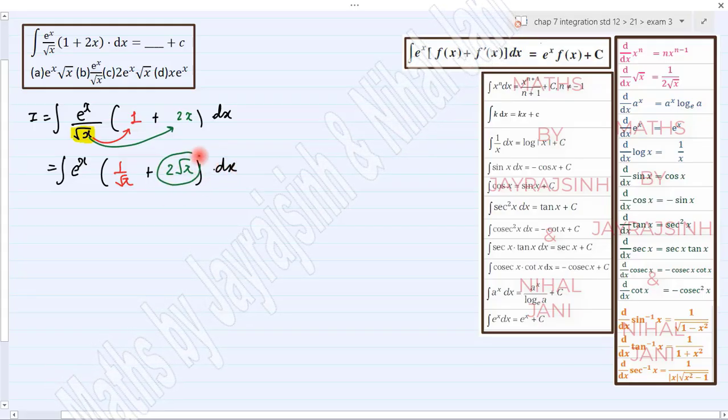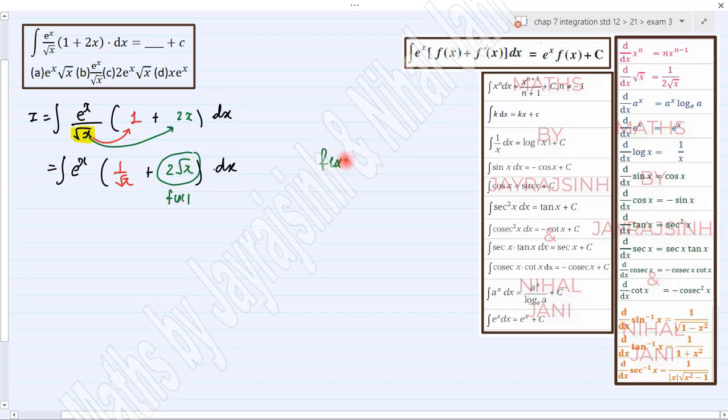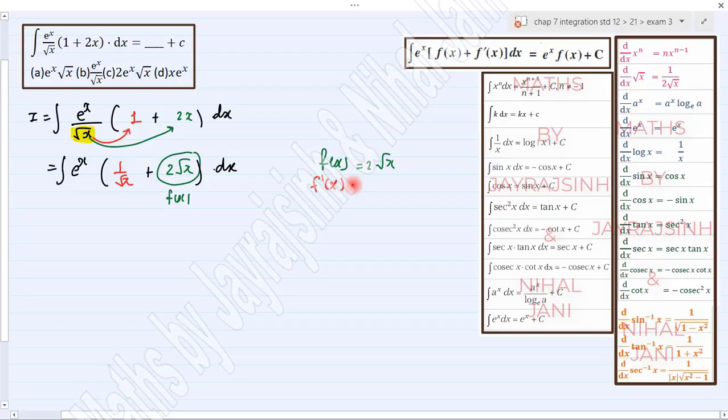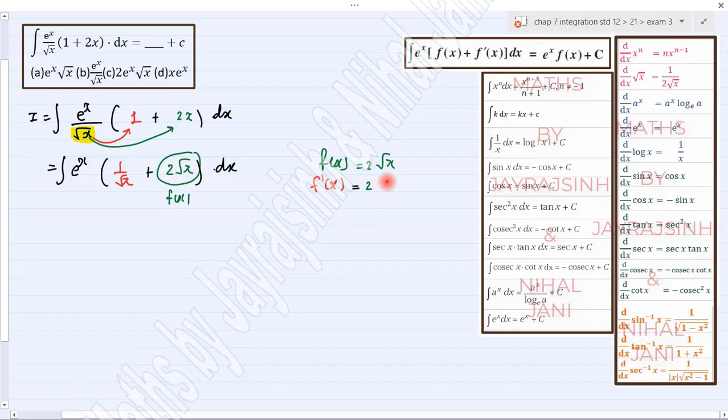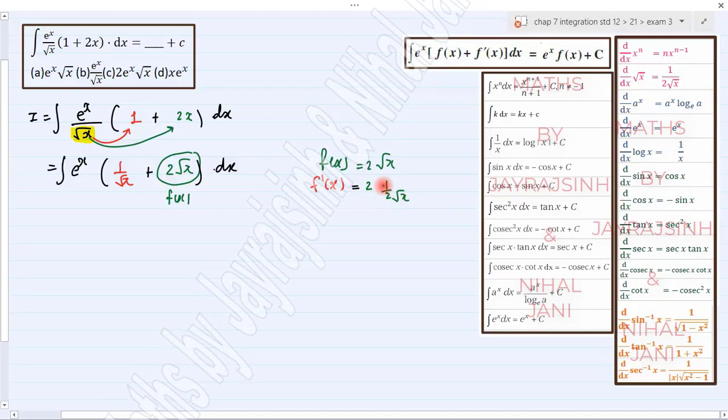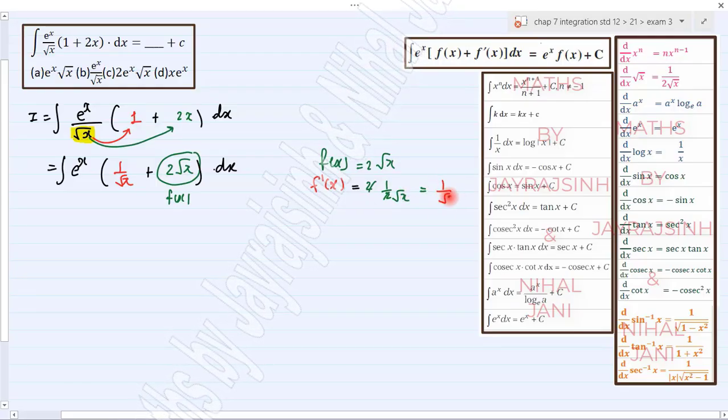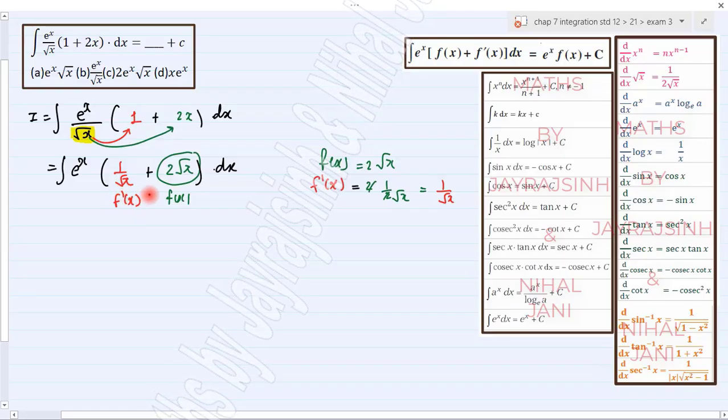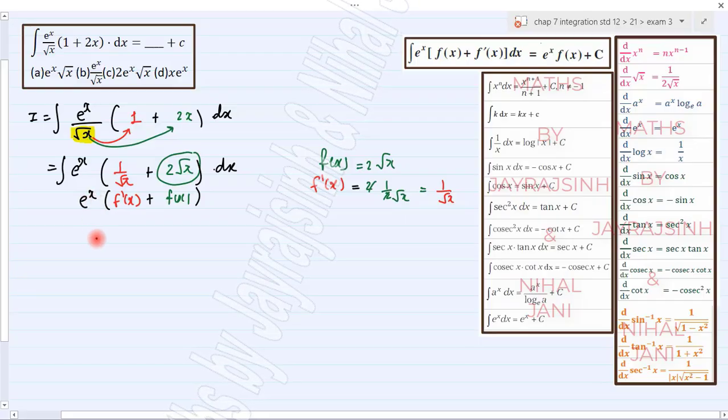Now if we consider 2 root x as your f(x), we will need f dash x, which is, differentiation of root x is 1 by 2 root x, so this 2 will cancel out and we will get 1 upon root x, which we already have within the summation of f(x), and the whole term is within the multiplication of e raised to x.